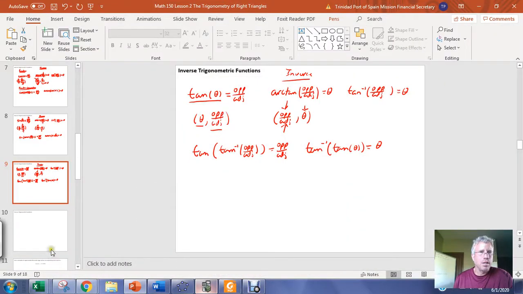So the problem then is that we defined three other trigonometric functions that don't have keys on the graphing calculator. So we defined the secant of theta. The secant of theta was the reciprocal of the cosine function, so it was the hypotenuse over the side adjacent.